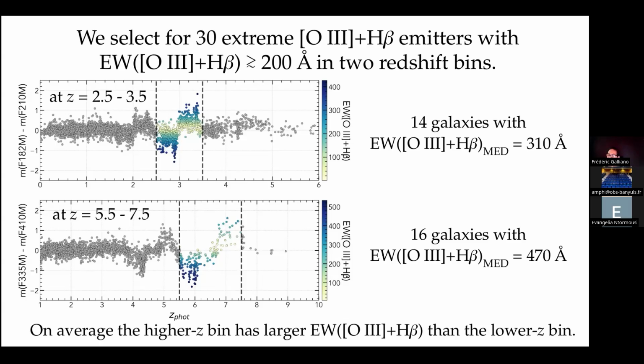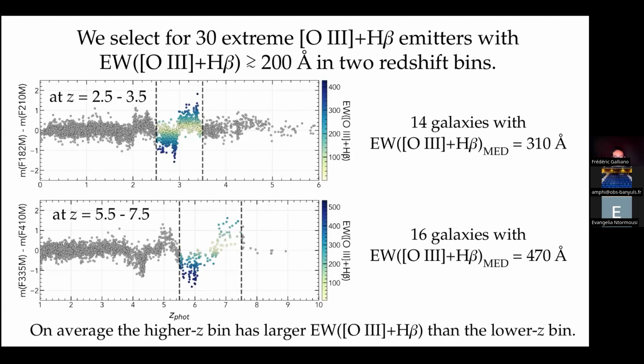This gave us 30 galaxies in 2 redshift bins, where in our lower redshift bin, we had a median O3 H beta equivalent width of about 300 angstroms, and in the higher redshift bin, 16 galaxies with a median equivalent width of 470 angstroms.